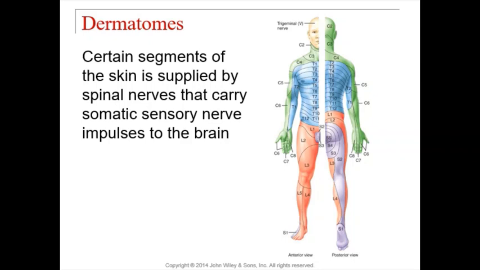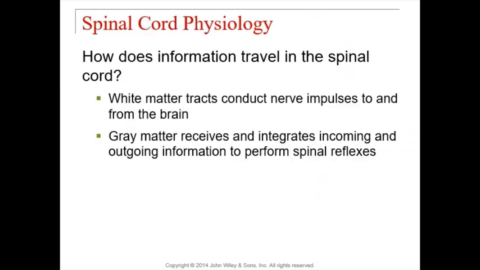So that's a little bit on some anatomy of both your spinal cord and the nerves coming off. And to finish this chapter, we go right back to some more spinal cord physiology. Again, the spinal cord is a highway for sending information to and away from the brain. We already know your spinal cord is made up of both gray matter and white matter. Gray matter is in that little H-shaped, butterfly-shaped area of the spinal cord, while the white matter is more in the periphery.